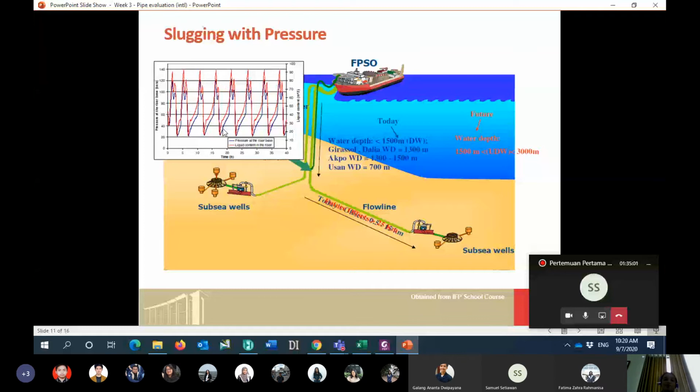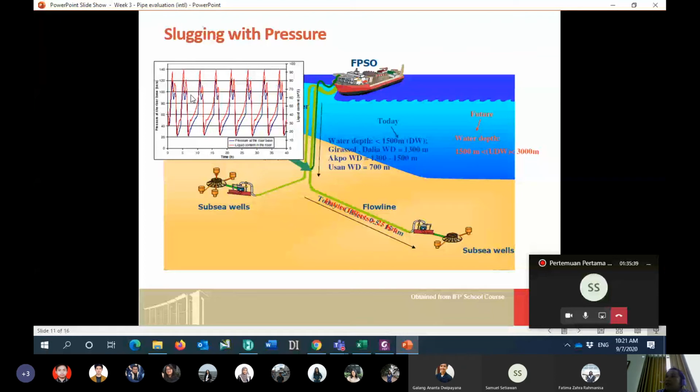Why does the pressure fluctuation become a problem? It is difficult to achieve a steady-state condition if you have pressure fluctuation. For example, here the pressure fluctuates from 20 bar to 140 bar. How do you design the process with such fluctuation? It is very difficult when your pressure varies from 20 to 140.